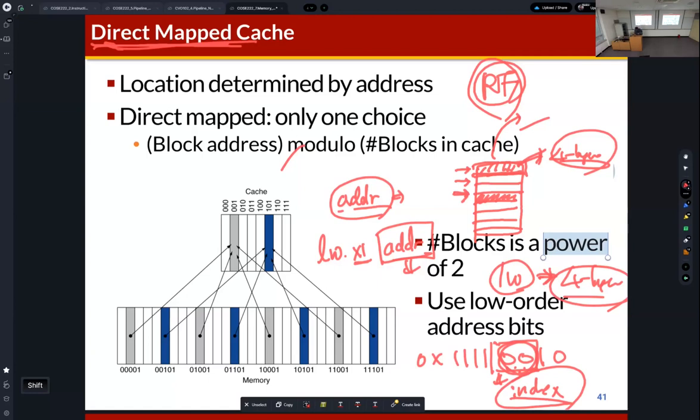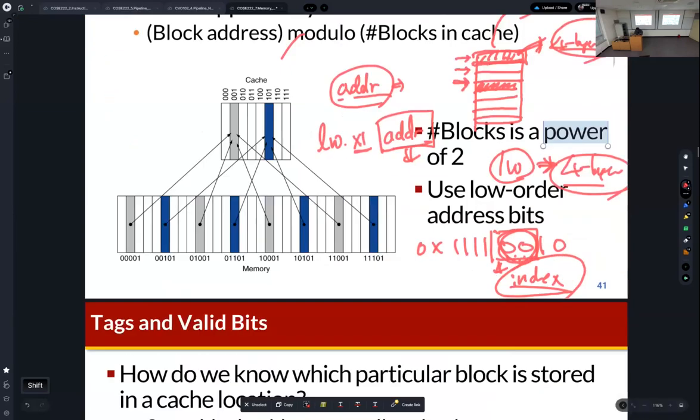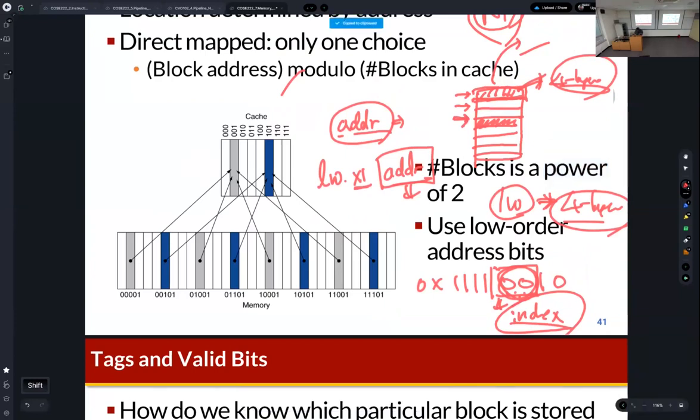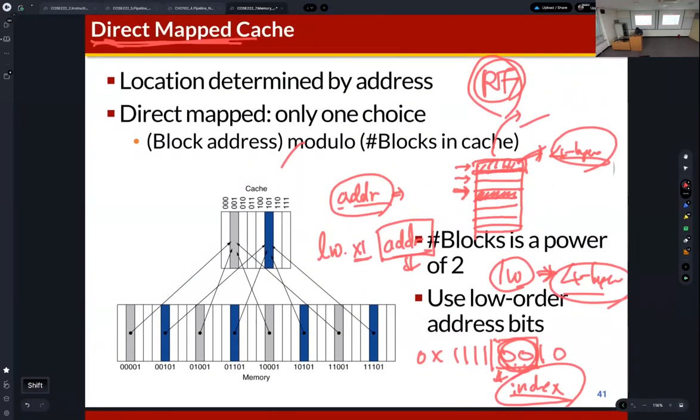Then it becomes the index of the cache, which means that this data is stored at index number 0.